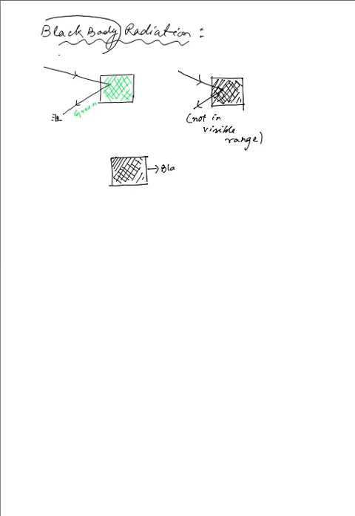There are many theories about the construction of a black body. Well, you have no such perfectly black surfaces, though you can theoretically construct one.